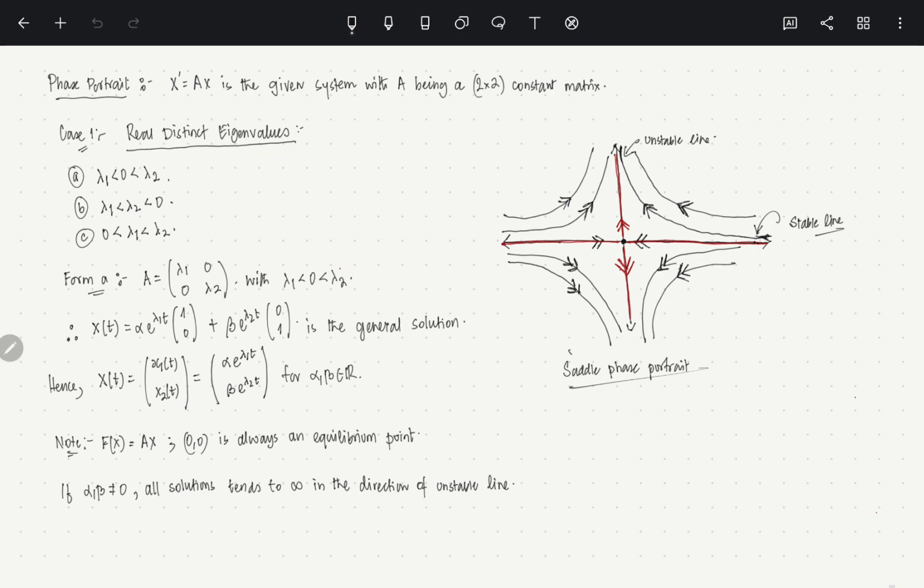Think about it. In this picture, if I'm putting a point here, now I want to see what is the evolution of this point. With this initial condition, let's call that point x naught, y naught.